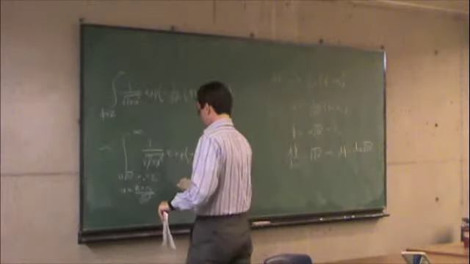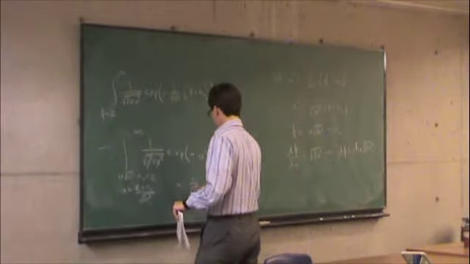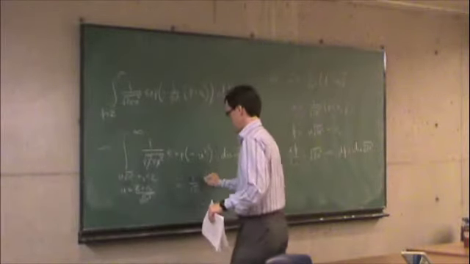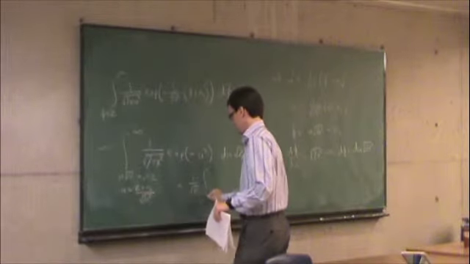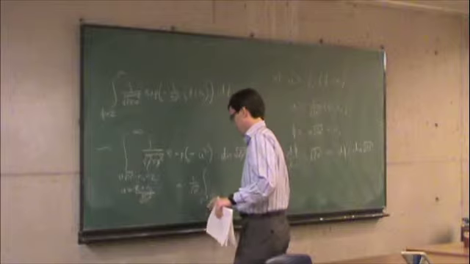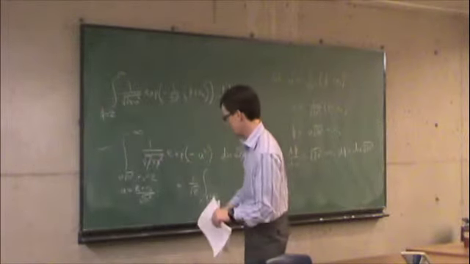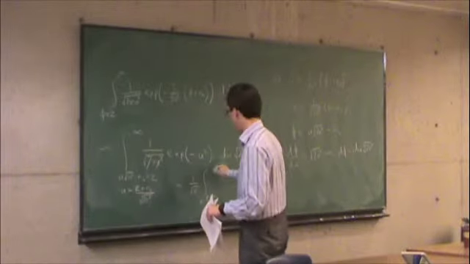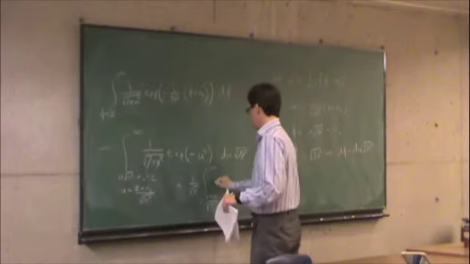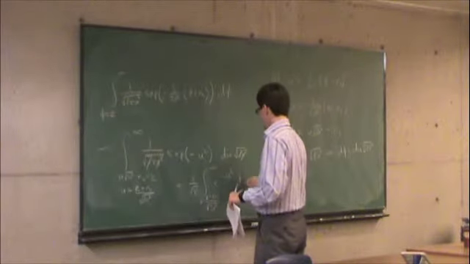And we get 1 over root pi, integral from u equals z plus nb over root 2 sigma squared to infinity of e to the power of minus u squared du.